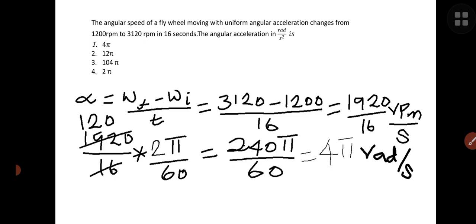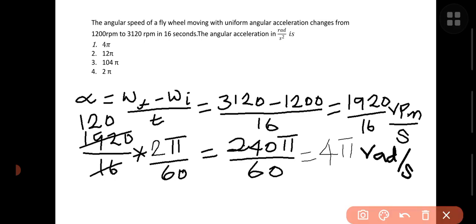Now cancelling, we get 120 times 2 pi by 60, which gives 240 pi divided by 60, and the final answer will be 4 pi radian per second.